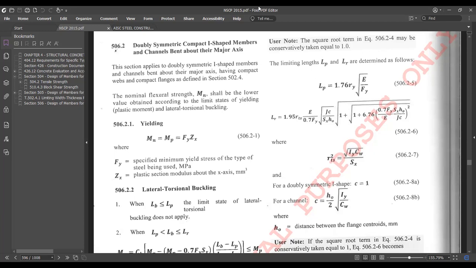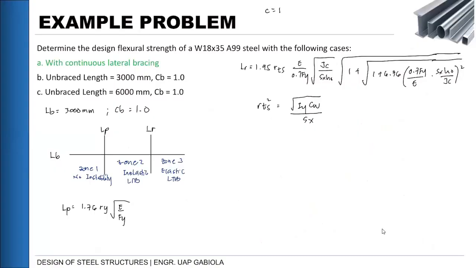Okay? So going back to our slide. This is our formula for LP copied from our NSCP, and then for LR it is this. Okay? So, LP muna.